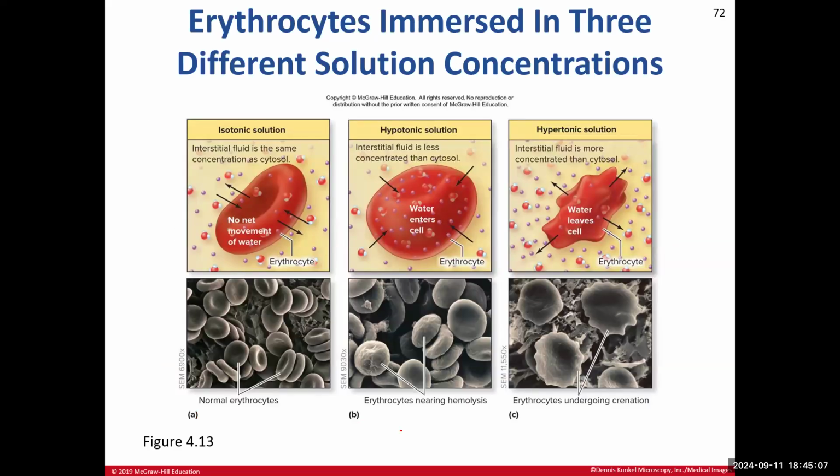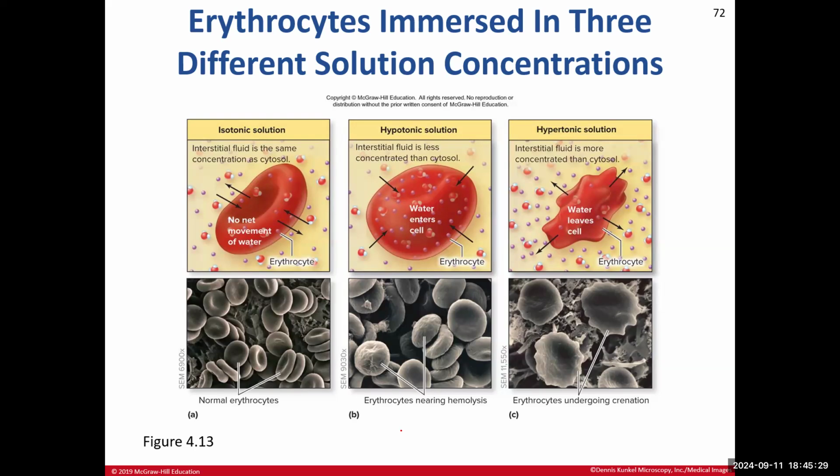Here's our isotonic solution. We drop our red blood cell into it. There's equal amounts of water outside the cell, equal amounts of water inside the cell, because there's equal amounts of solutes outside and inside the cell. So no movement whatsoever. Now, when we go to the hypotonic solution there, right?